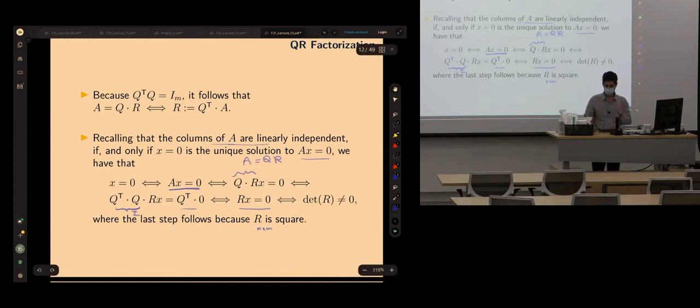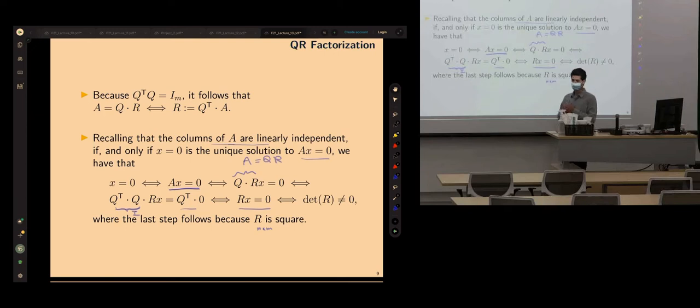So with QR, we also have an easy way to check whether there is a unique solution or not. You can look at the determinant of R, and we will see soon that R is upper triangular. The determinant of a triangular matrix is, of course, the product of its diagonal entries. So that means it doesn't have any zeros on the diagonal.